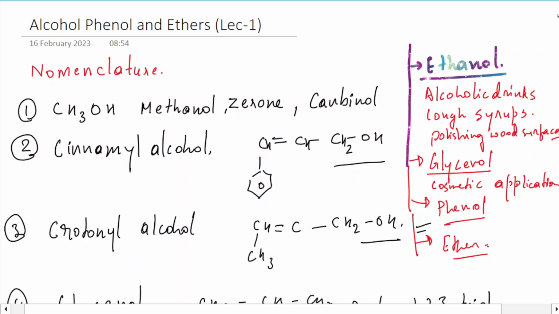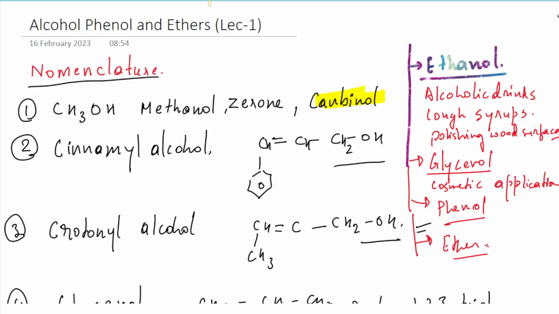Let's start our lecture with nomenclature. So first is methanol, also known as carbinol. Next to this is cinnamyl alcohol. So cinnamyl alcohol is benzene ring, then CH double bond CH, CH2OH.